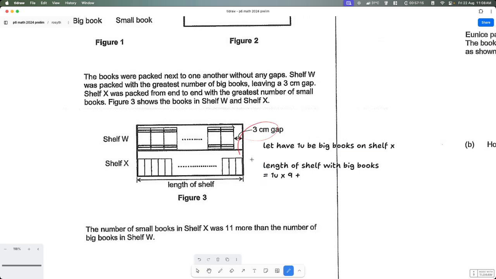So that means this is equal to 9 units plus 3.